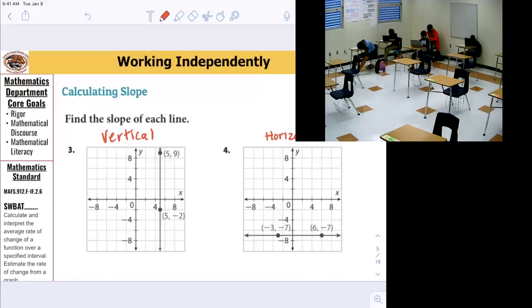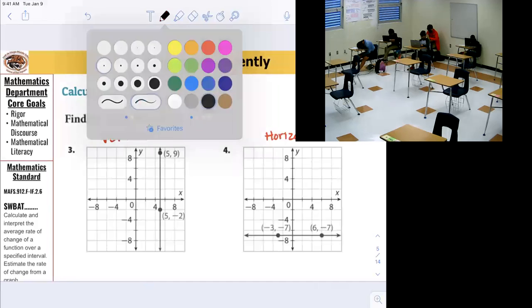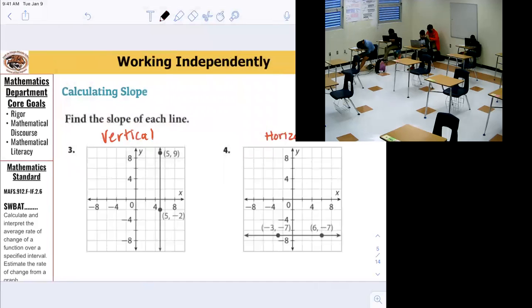Okay. And so what I'm going to do super quick is use these points that they give me and use my formula to see what I get for the slope. So number 3, I have 5 comma 9 and 5 comma negative 2. Before I even plug that in, what do you guys notice about these values? We've talked about this before.